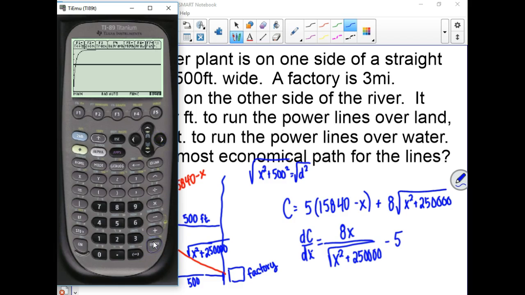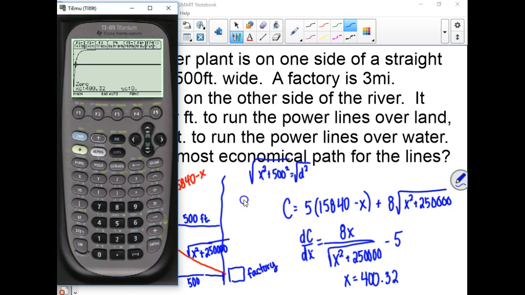Upper bound. And we get x equals 400.32. And we see that's where the graph changes from negative to positive, so that would be a minimum point there.